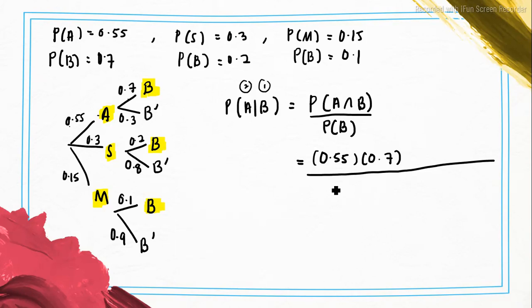Okay. So, untuk first case, 0.55 times 0.7 plus second case kita adalah 0.3 times 0.2 plus third case kita adalah 0.15 times 0.1.